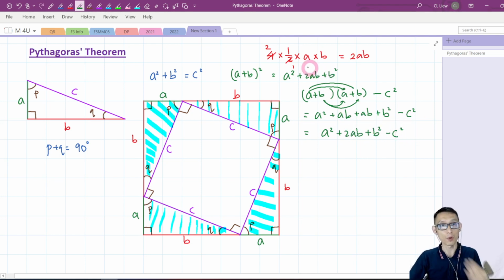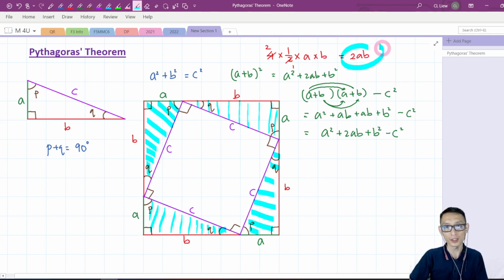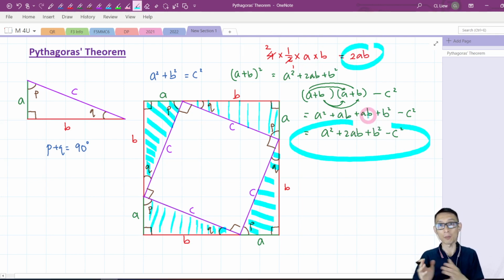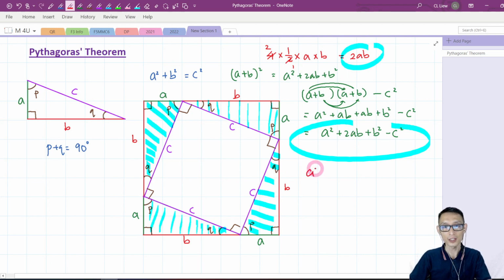Since both this and this represent the area of the shaded region, this means that this is equal to this, right? So A squared plus 2AB plus B squared minus C squared is equal to 2AB. Now I'm going to move the 2AB over here and the negative C squared over here.